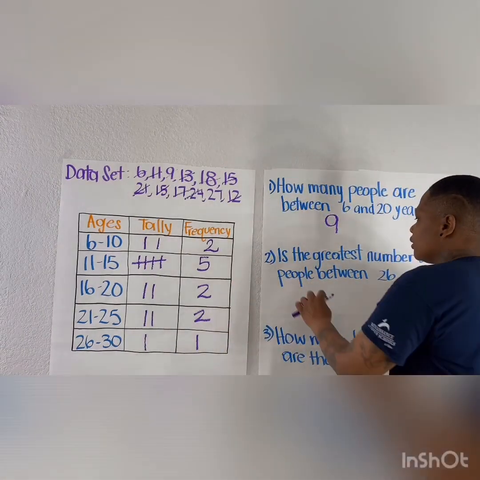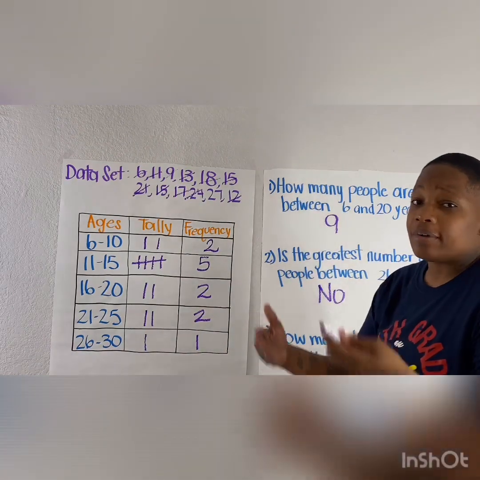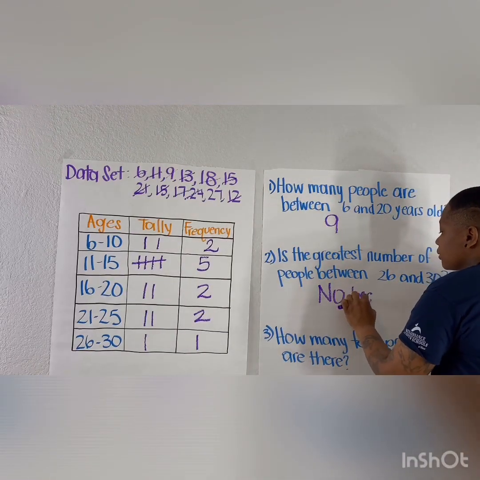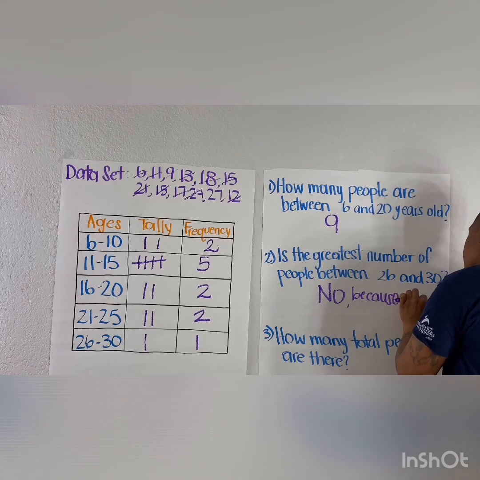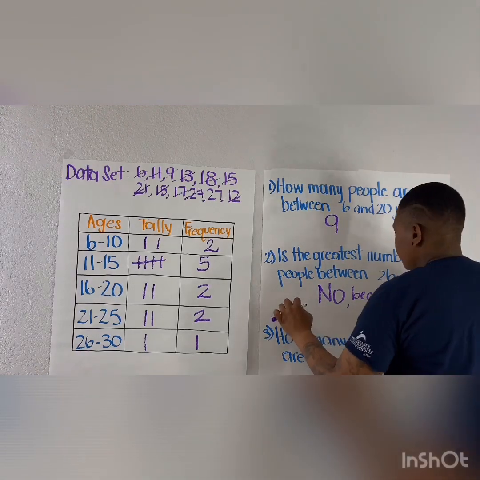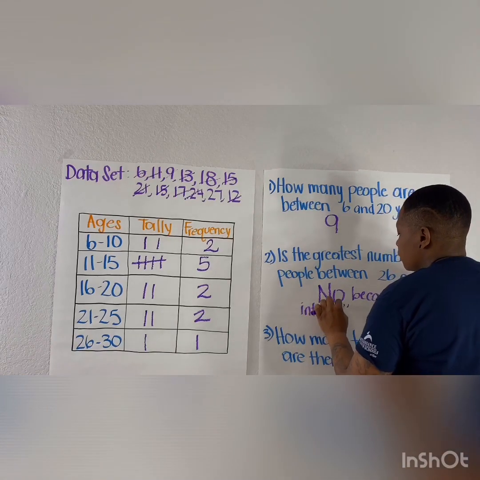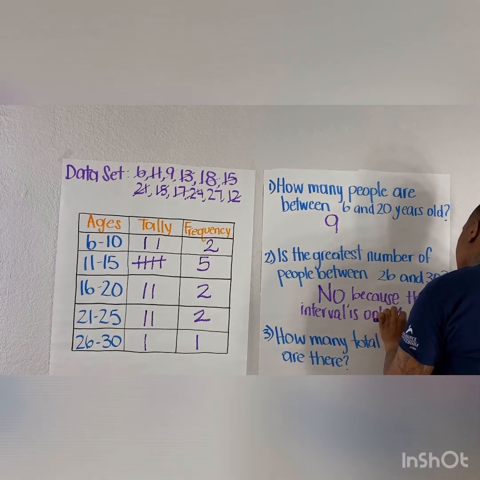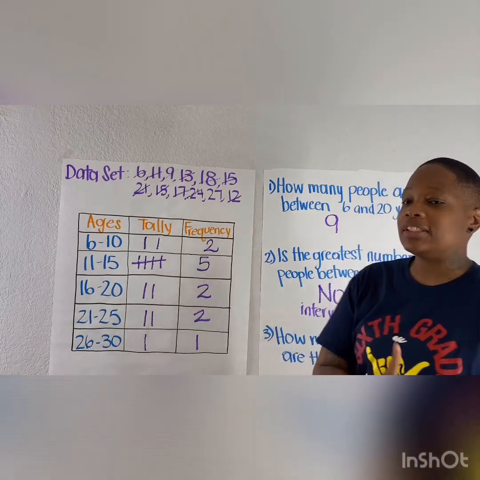So this answer is no. And if you wanted to go further and explain, you can say no because that interval is only 1. Because the greatest value is actually 5, and that's not 26 to 30.